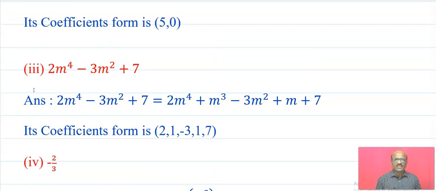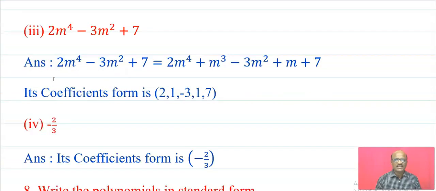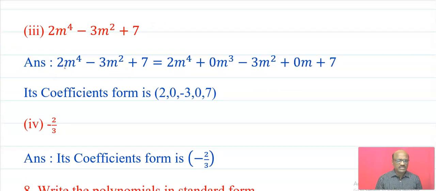What about the next? 2m raised to 4 minus 3m square plus 7. Now see this here, the missing terms are the third degree and the first degree, that is the 3 index and 1 index.